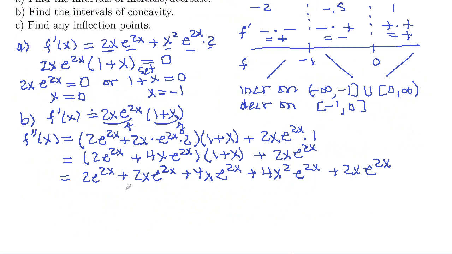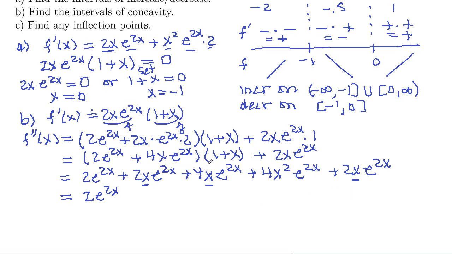Okay, so now we want to collect our like terms here. So we've got e to the 2x there. That's the only e to the 2x term. So 2 e to the 2x. And then this is a 2x e to the 2x, a 4x e to the 2x, and another 2x e to the 2x. So you're going to add your x terms.